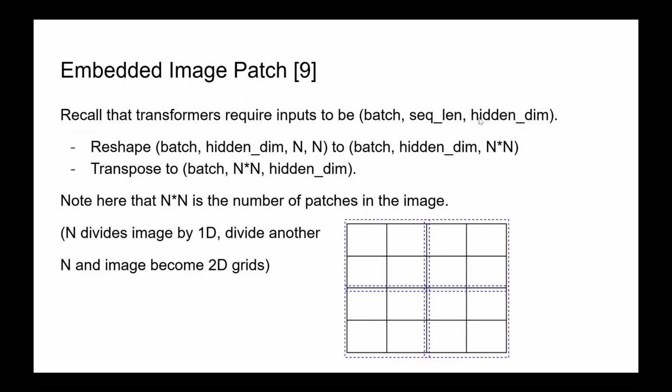So we will need to project them carefully so that it becomes batch, sequence length, hidden dim. This is the original input that we have. We are going to multiply the last 2 dimensions into batch, hidden dim, n squared. And then we're going to transform this into batch, n squared, hidden dim.